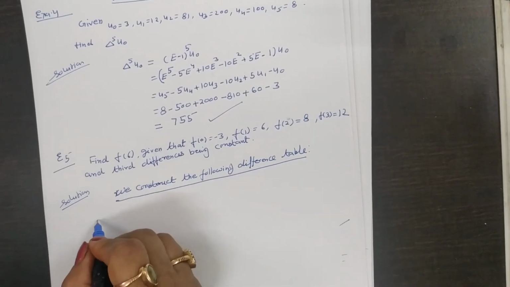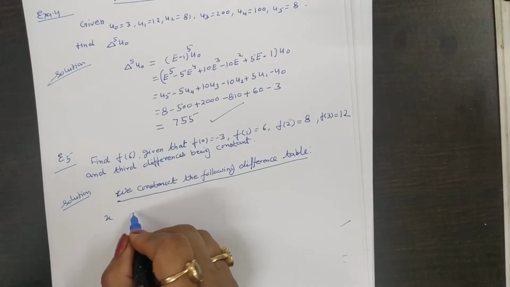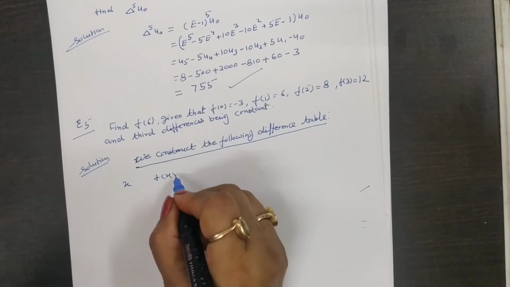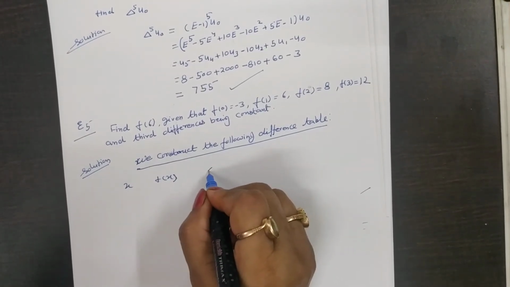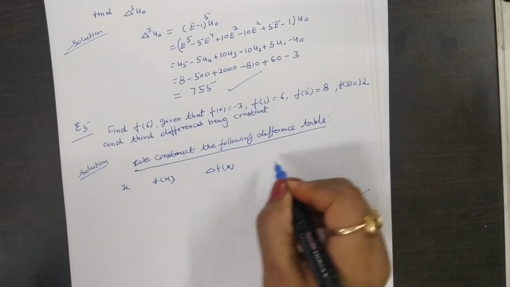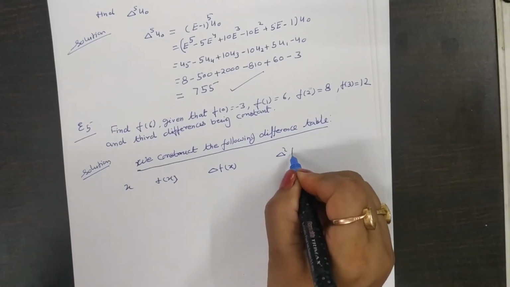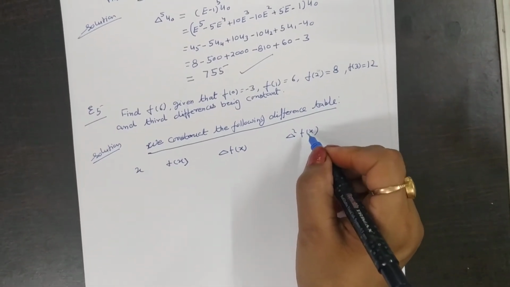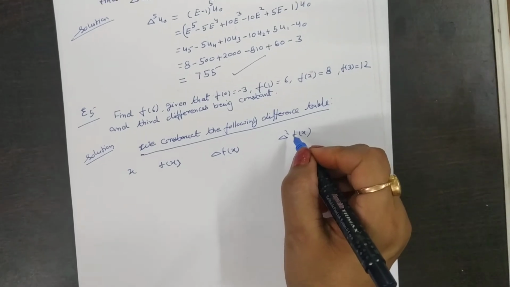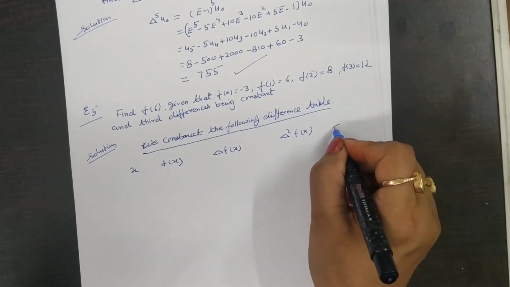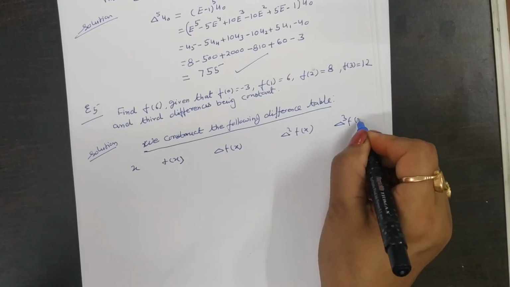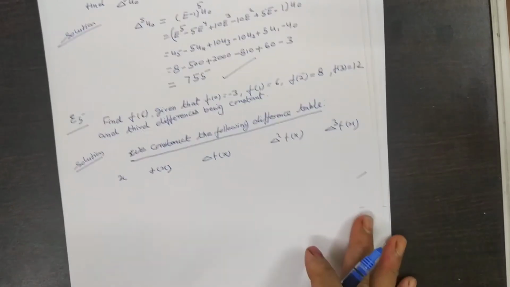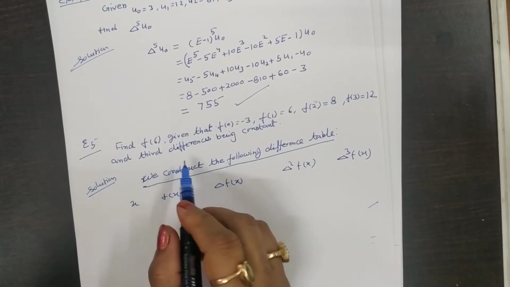And here is x. X is given. And now f of x, delta f of x, delta square f of x, and also delta cube f of x. Now the values are given, you find out f of 6.